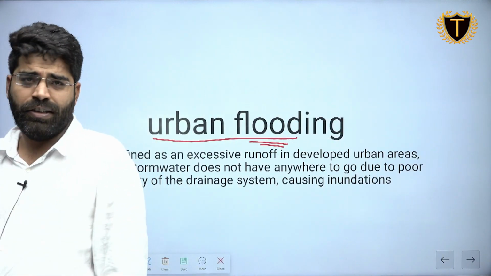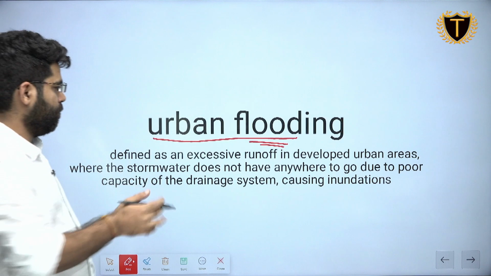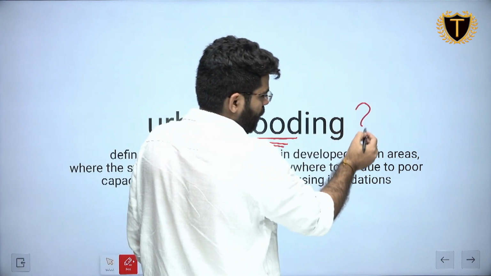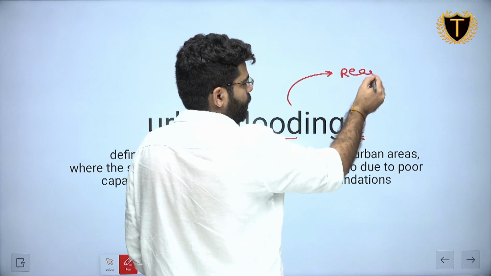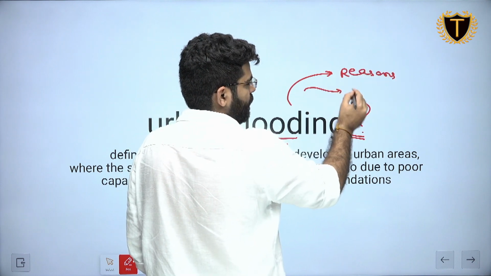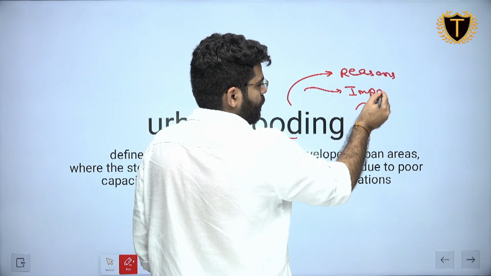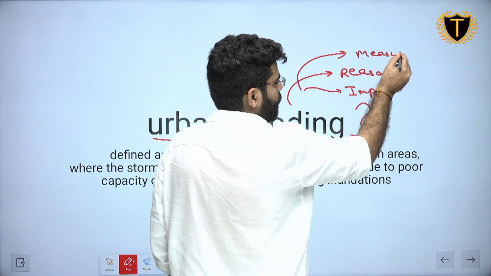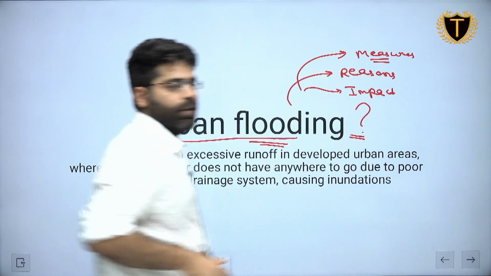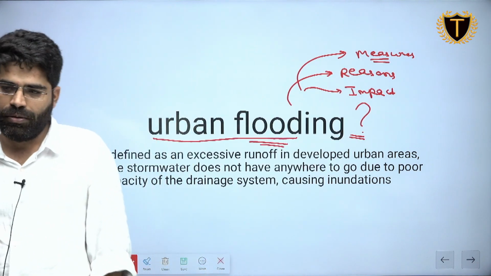So in this topic we are going to explain what exactly is urban flooding, what are the reasons behind it, what impact it creates, and what measures we should take to mitigate the impact of urban floods. All right.